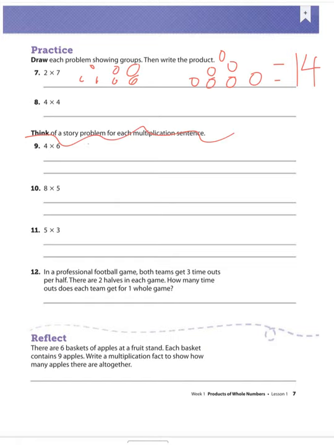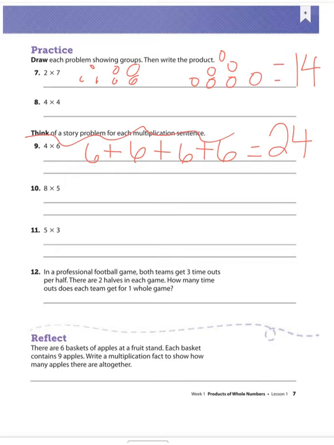So I'm going to add 6 4 times. 6 plus 6 plus 6 plus 6, that equals 24. And I know that 6 times 4 also equals 24. 8 times 5. On this one, you could draw, or you could do repeated addition.